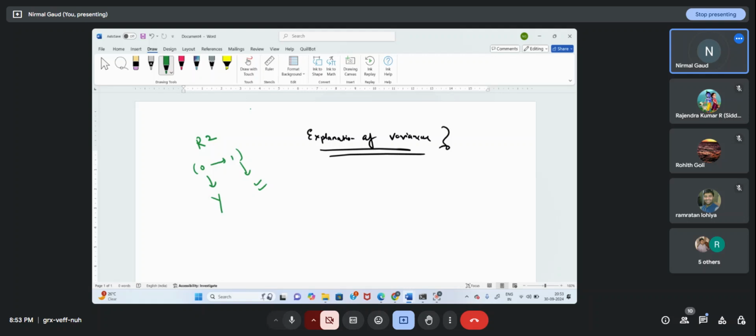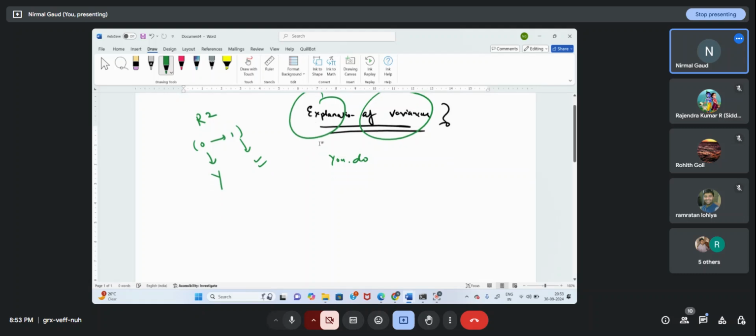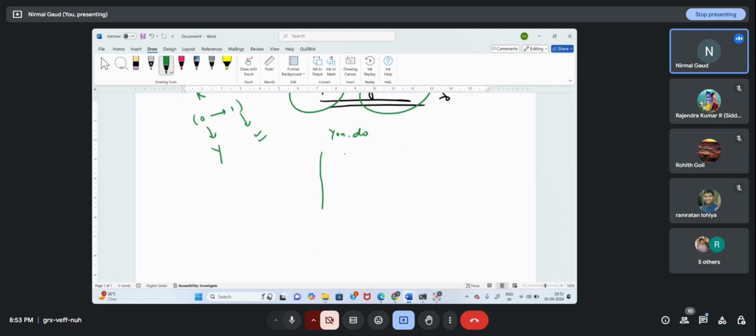Now, how can this explanation be expressed related to the target? What you do is you make a plot of the target, because features are contributing to the target.